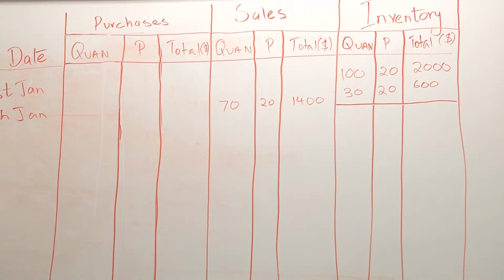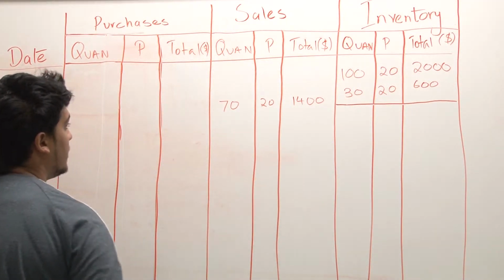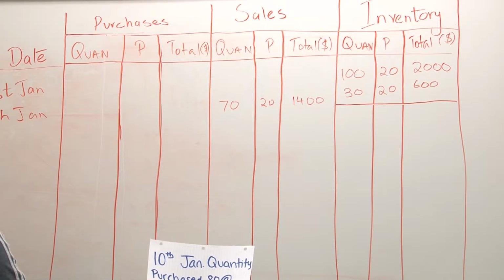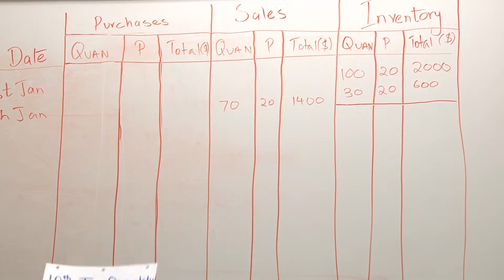He comes to me again after some other time. But before that, I know that I have an inventory of 30. Now I need to fill up my inventory somehow. So I go to the market and I purchase 80 cameras from the market, and then I price it according to my price.